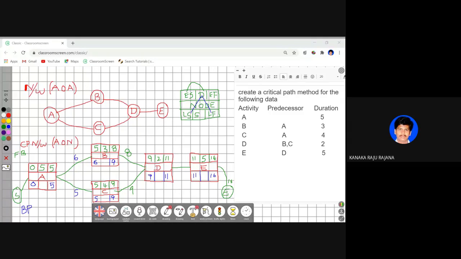Okay. Very good. Now, the last step of this entire network is your slack. So we have already discussed how to find the slack of a given network. Slack value can be achieved. Okay. Now, let me show you this slack. Slack is nothing but the difference of these two, as well as the difference of these two. What are these two?